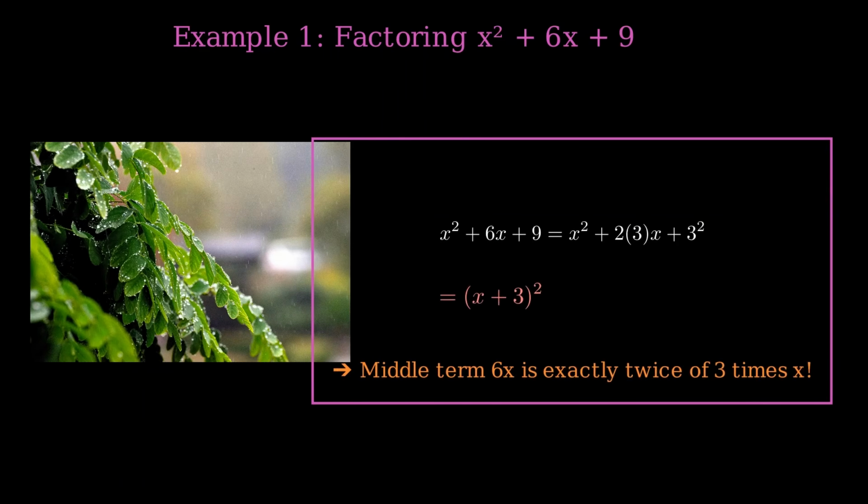First, substitute x squared for m squared and 9 for c squared. The square root of 9 is 3, which perfectly matches our middle term since 2 times 3 equals 6. Applying the equation backwards, we immediately get (x + 3) squared.